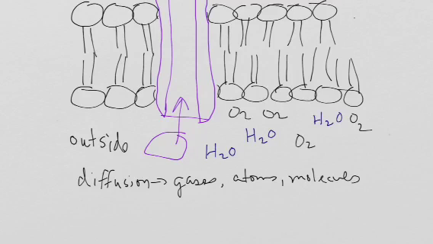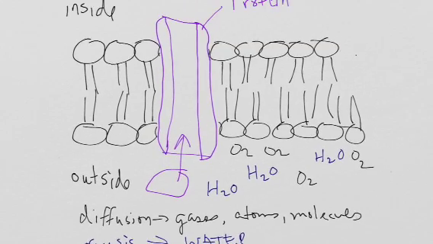Osmosis, on the other hand, osmosis is only water. Nothing else undergoes osmosis. But here's the deal. They're the exact same process. The only thing that's different about these two is what gets transported.